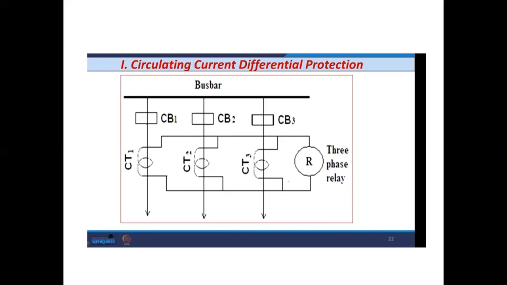However, the main requirement of this scheme is that the CTs should have the same ratio. If this condition is not satisfied, then the differential relay mal-operates or spill current will flow.